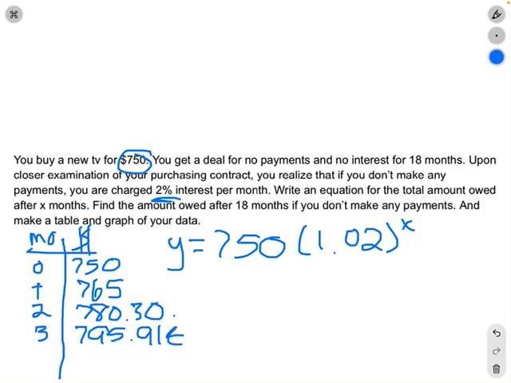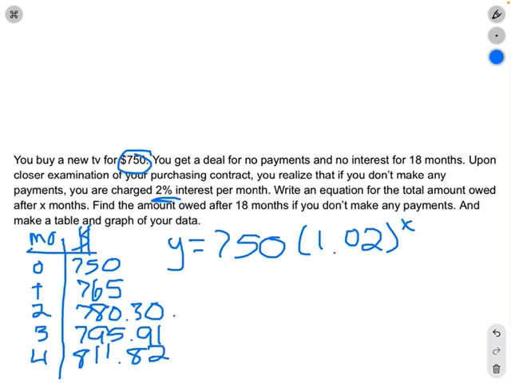This one is $15.60. And then in month 4, we're at $811.82. So now we've gone up almost $16. Yes? So you can see we're going up a little bit more each time.